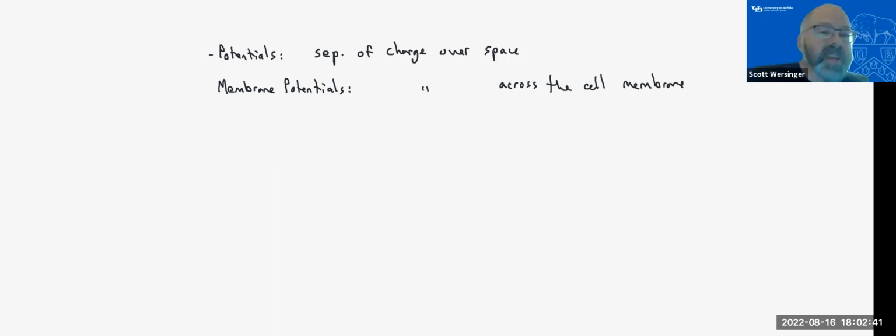Now, within membrane potential, there are lots of different subtypes. We'll talk about a resting potential. I'm just writing resting potential, but really it's resting membrane potential. This is basically the membrane potential when nothing's going on.